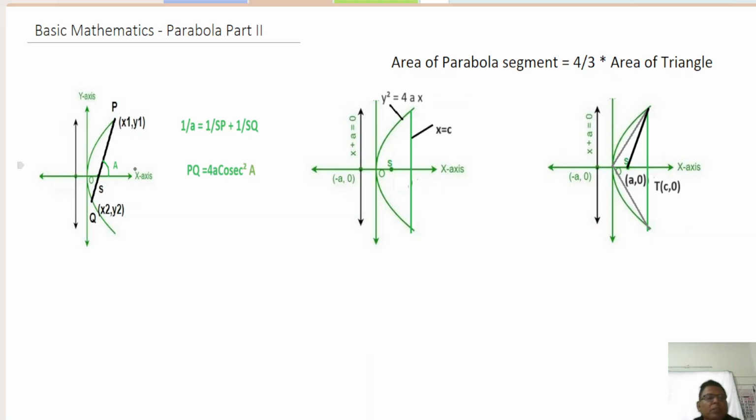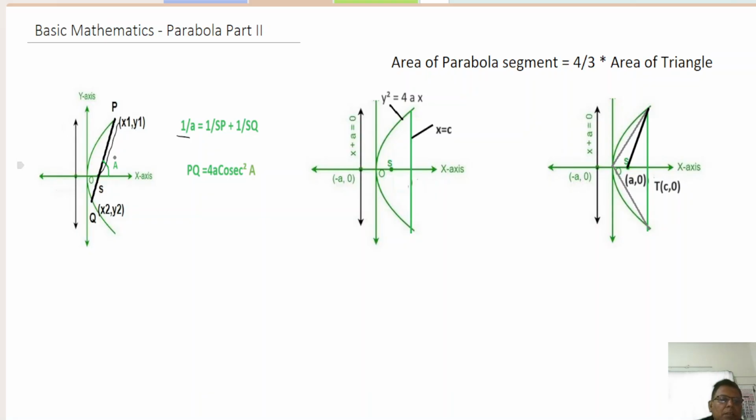In part 1 we have left two important focal chord properties, that is 1 by A is equal to 1 by SP plus 1 by SQ. So what is SP?